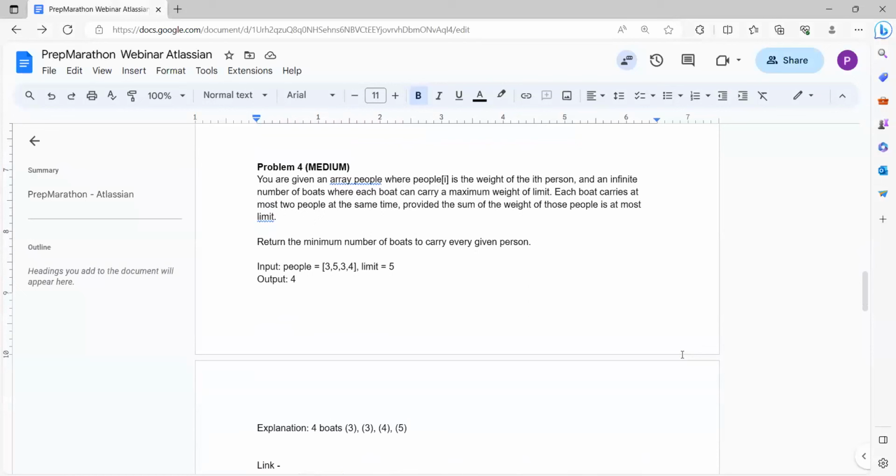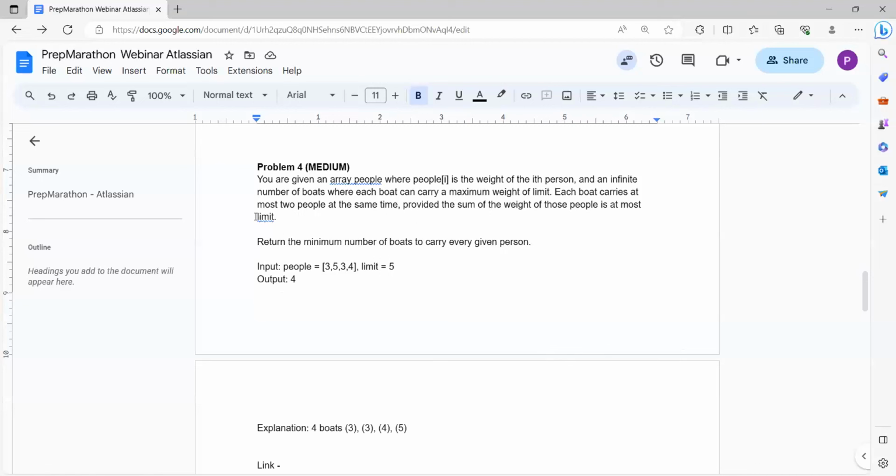You are given an array people where people[i] is the weight of the ith person, and an infinite number of boats where each boat can carry a maximum weight of limit. Each boat carries at most two people at the same time, provided the sum of the weights of those people is at most limit.